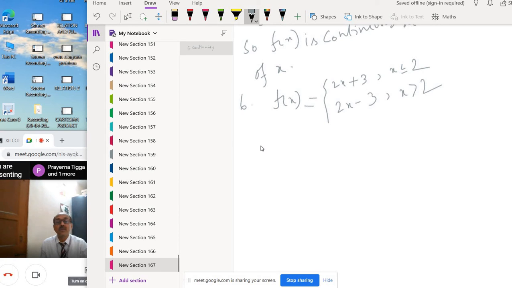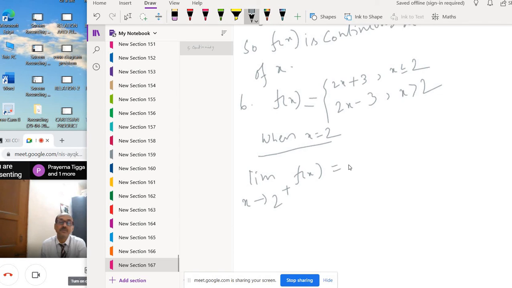Now test at the point x equal to 2. When x equal to 2, test whether this function is continuous or not. So limit x tends to 2 plus of f(x) equals limit x tends to 2 plus.